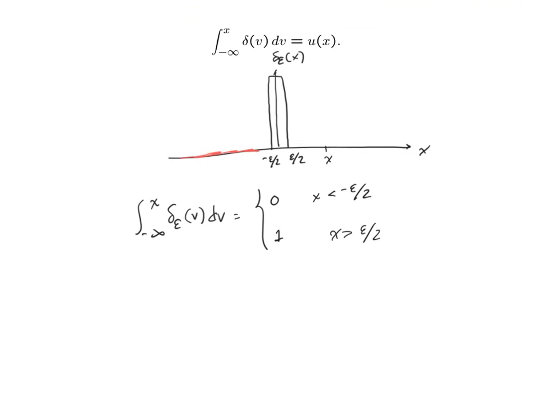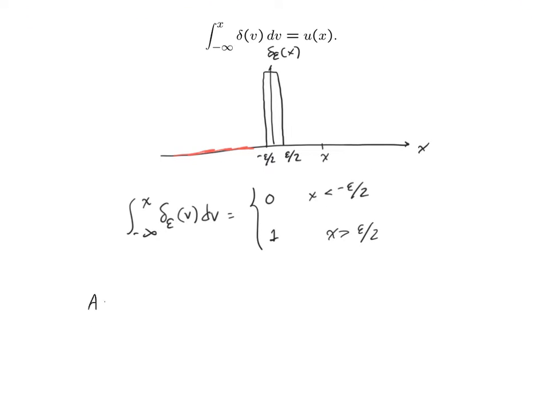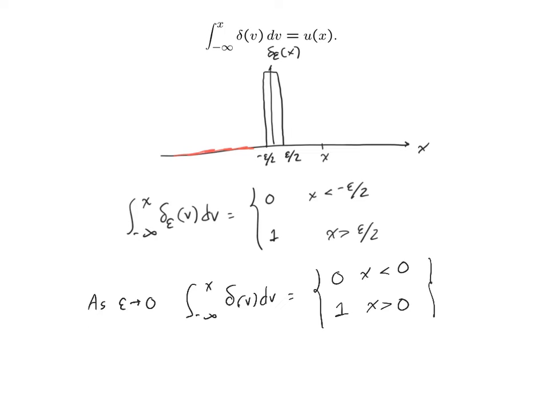And so we see, as epsilon goes to 0 and delta epsilon becomes the true delta function, we get 0 for x less than 0, and we get 1 for x greater than 0. And in fact, this is the unit step function.